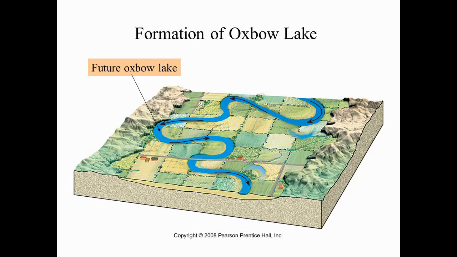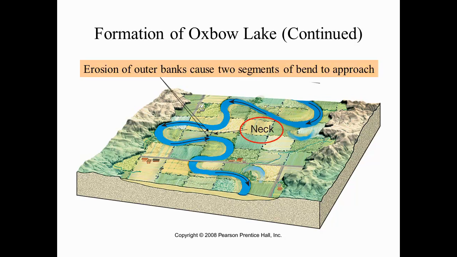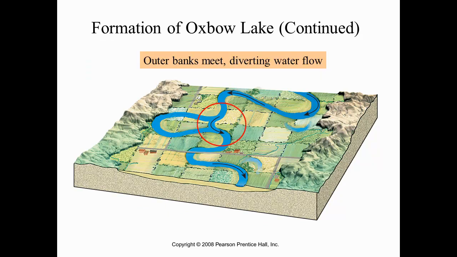Meandering channels end up forming what are called oxbow lakes. For example, in this figure, that one bend to the left is going to be the location of the future oxbow lake. Notice that over time, as we get erosion of the outer banks, this causes the two segments of the bend to approach one another, creating what's called a neck.